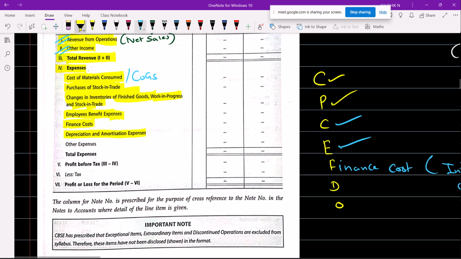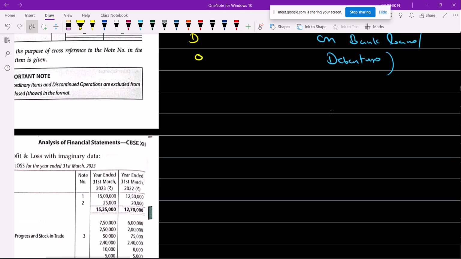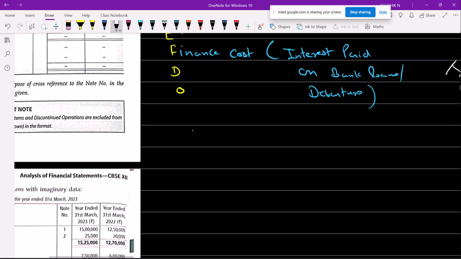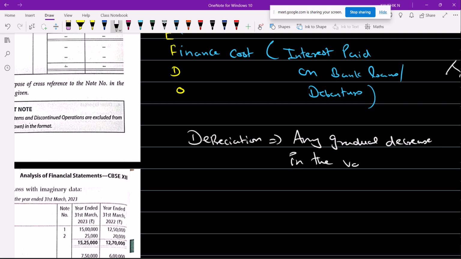The next one is all about your depreciation and amortization expenses. In grade 11, you would have learned the term depreciation, and I would also have made you understand what amortization is. Just for your understanding, depreciation is nothing but any gradual decrease in the value of a fixed asset.